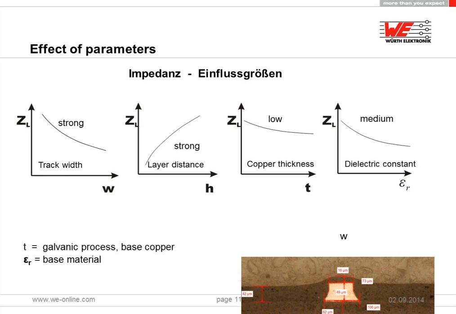So changing the separation has not such a high effect, but of course the change in the line width has a high effect. But please take care, 100 micron line width has an impact also on the yield, and therefore is expensive in the production of the PCB.